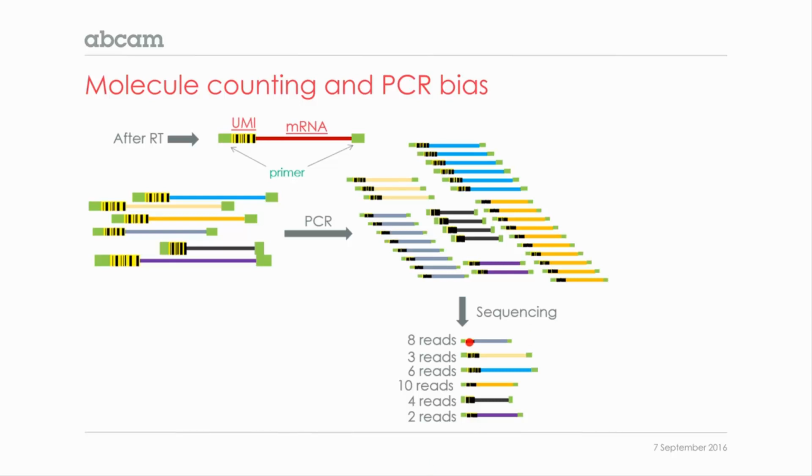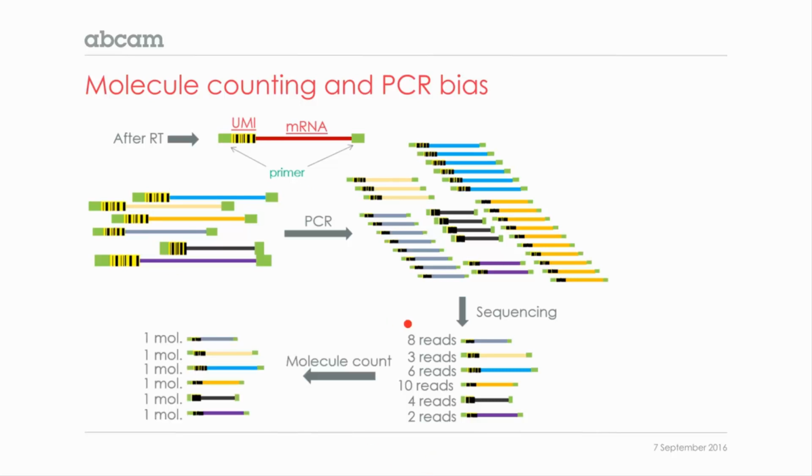And what we can see is that 8 reads, for example, came from this molecule, 3 reads came from this molecule, etc. But actually now we are able to go back from the pool of the amplified material to the pool that was before the amplification, and basically say, no, it doesn't matter how many reads, it matters how many molecules, and each one of these is actually one molecule. And now I'm talking about molecules, I'm not talking about genes. It can be that this molecule and this molecule represent the same gene.